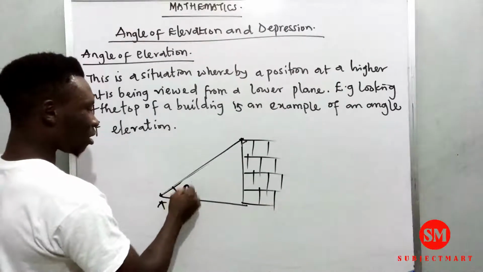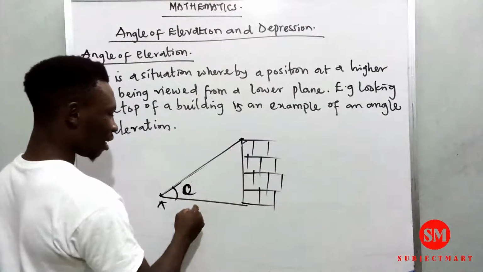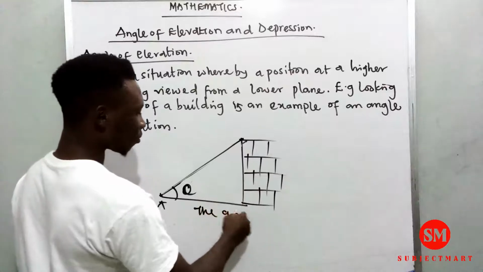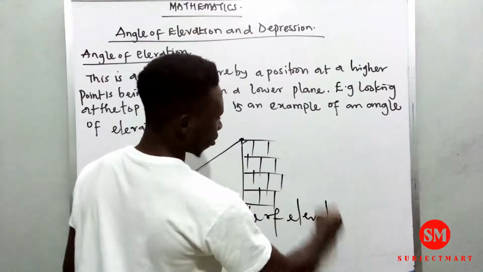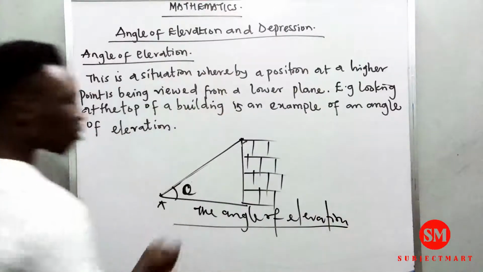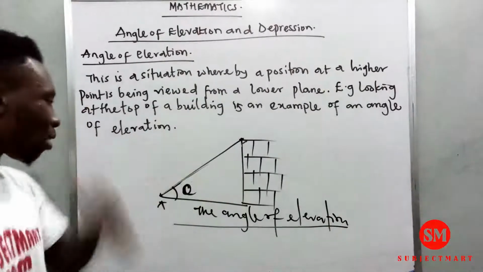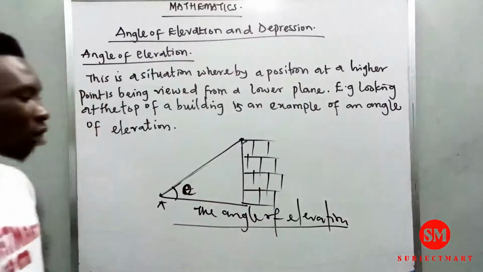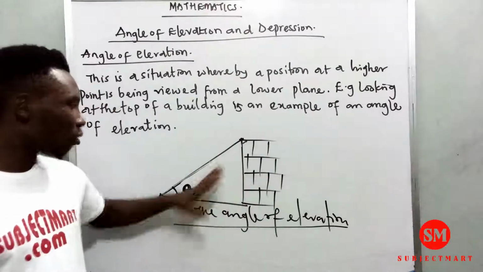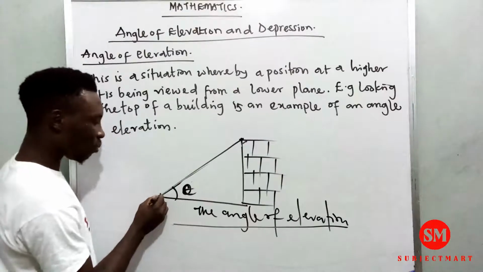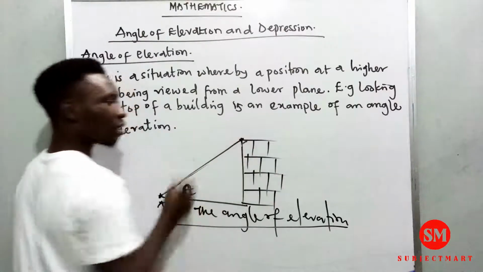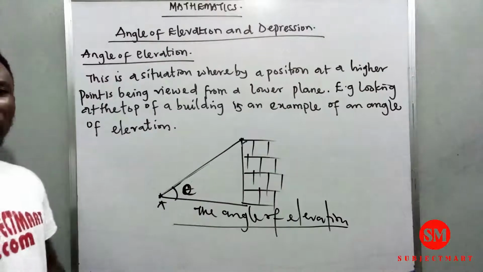Now, this angle theta here is the angle of elevation. So today, this is what we're talking about under this angle of elevation, whereby we're solving enough questions from this. So if from this point, looking to this place, it's an angle of elevation. Then what is the angle of depression?